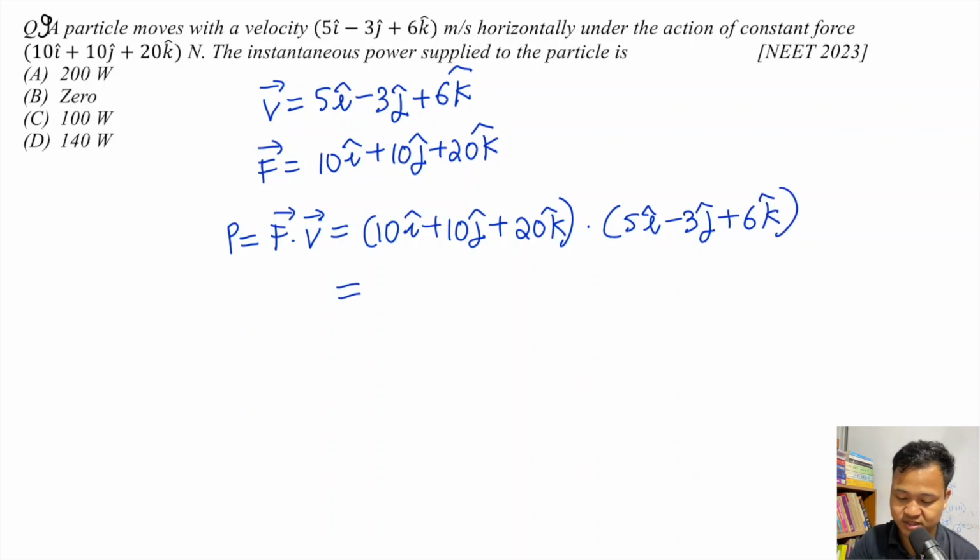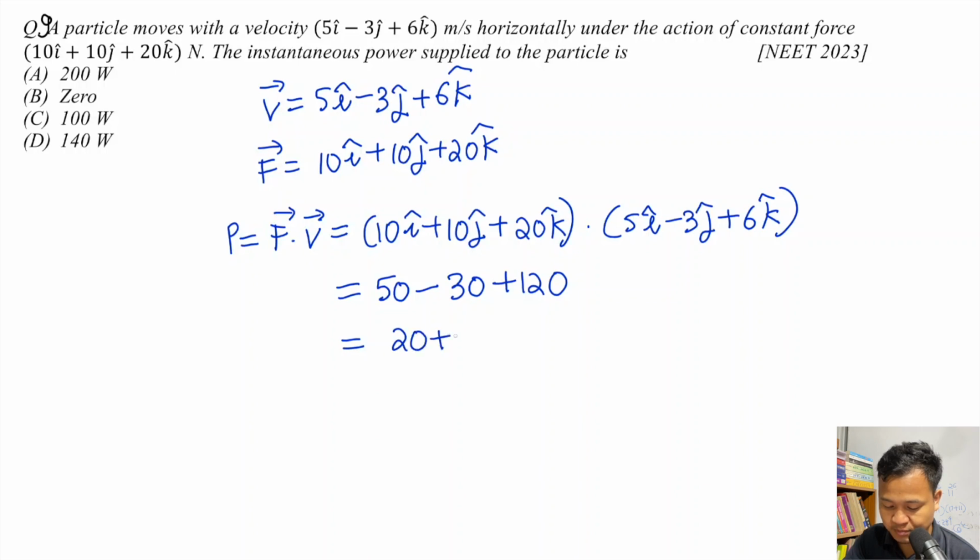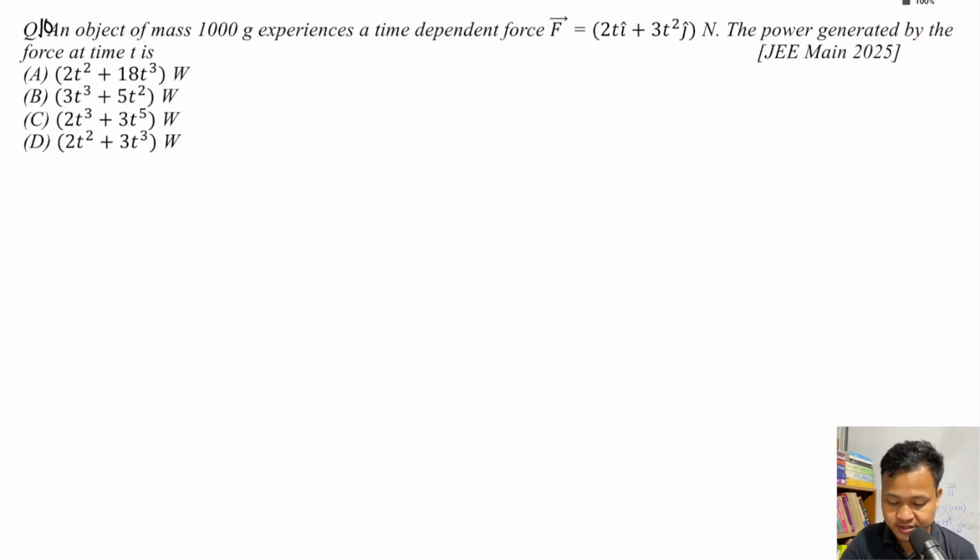Dot product means multiply like terms. So 5 into 10 is 50, minus 30, plus 6 into 20 is 120. So 50 minus 30 is 20, plus 120, which is 140 watt. So option D.